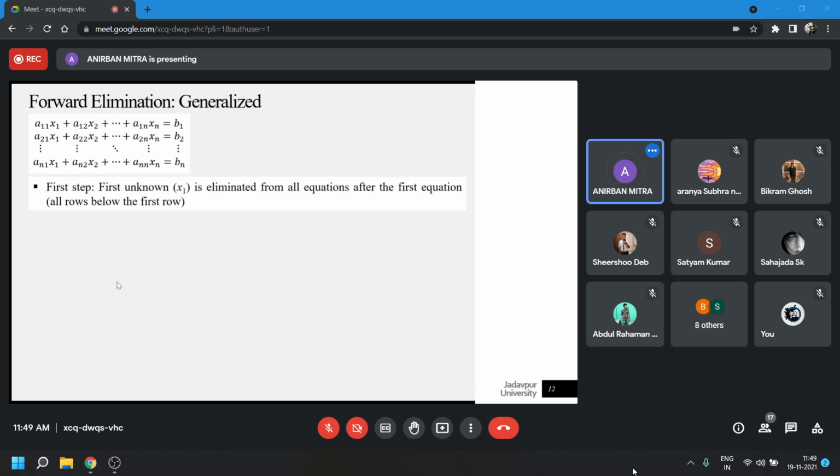But the first step is to eliminate the first unknown from all equations after the first equation.